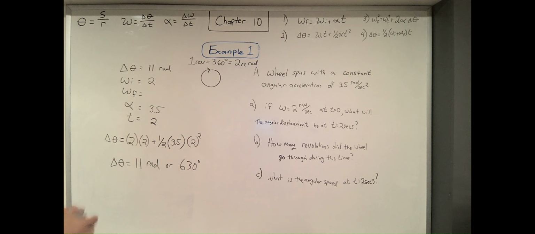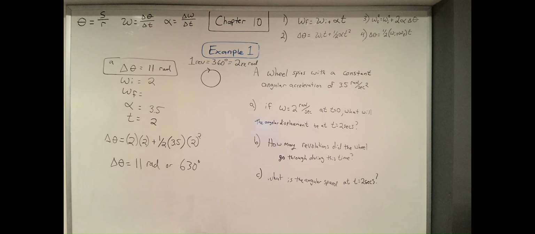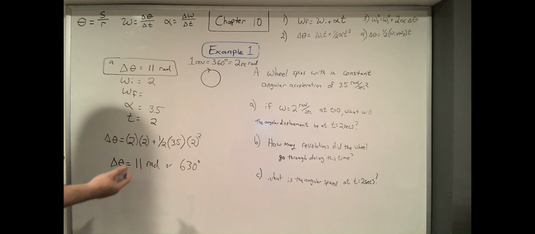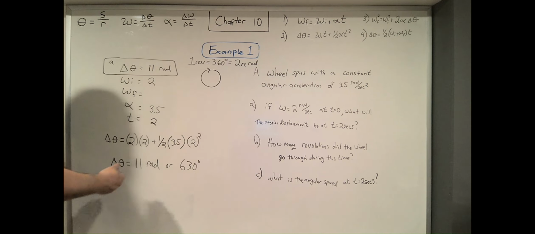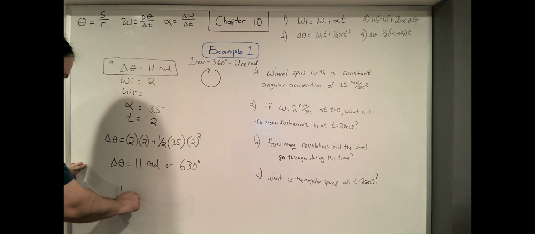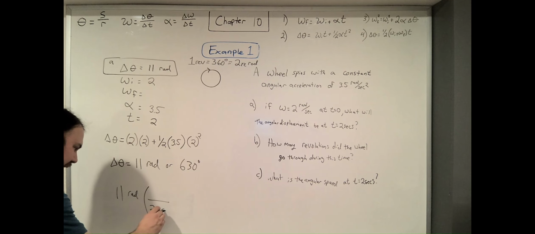Part A is done. This was part A: 11 radians. Part B: How many revolutions did the wheel go through during that time? Well, we know it made it past 1. Did it make it past 2? We're on 11 radians, and I know that every 2 pi radians is 1 revolution, so we do another conversion. 11 radians, we're going to put 2 pi radians on the bottom because I want it to cancel, and that is 1 revolution.